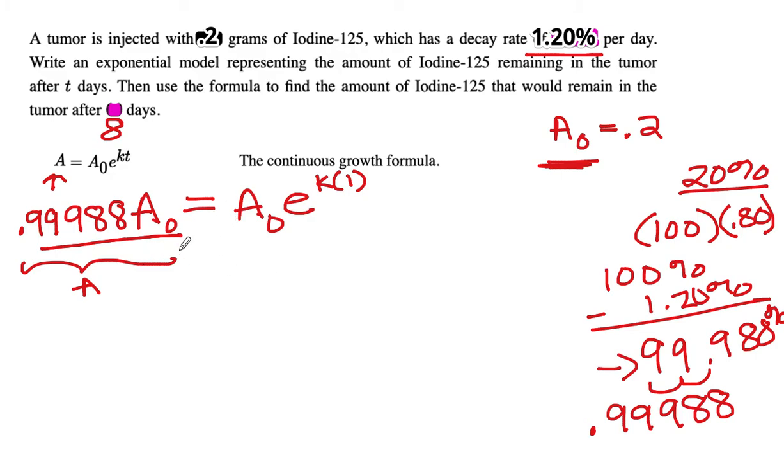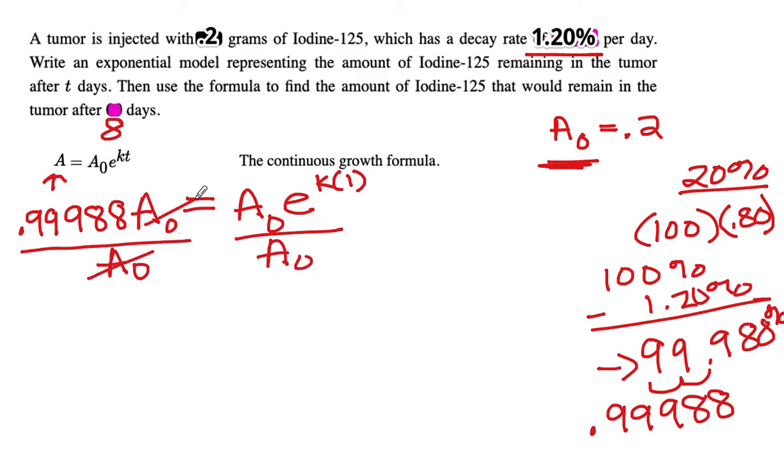That's after the discount, and we can think of the decay as working the same way. So now we could put the 0.2 in for A naught if we wanted to, but we don't have to, because A naught is being multiplied here and it's being multiplied here, so we can divide by A naught on both sides, and guess what?